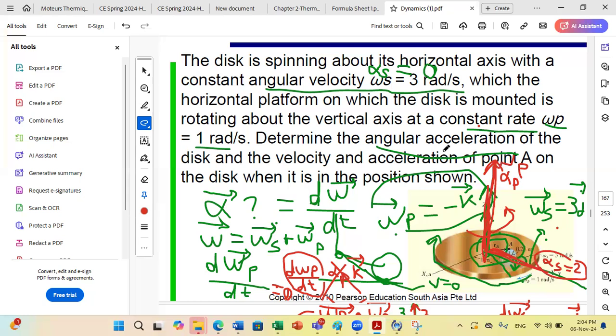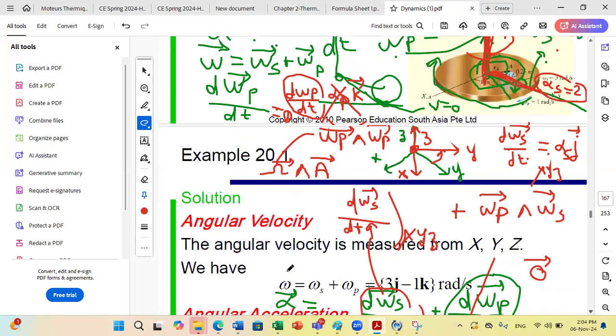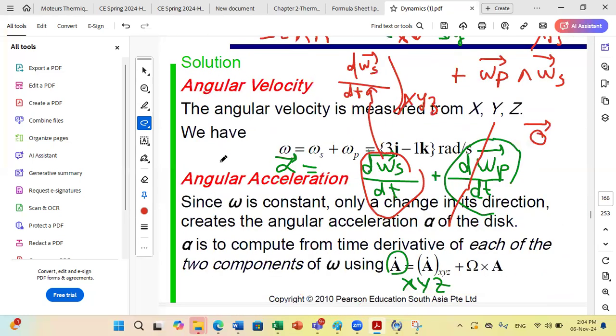We proved mathematically that the change in direction is big omega vectorial omega s, right? And you know from the vectorial product that when I do omega vectorial omega s, the resultant vector should be perpendicular to both. What is big omega here? It's omega p.